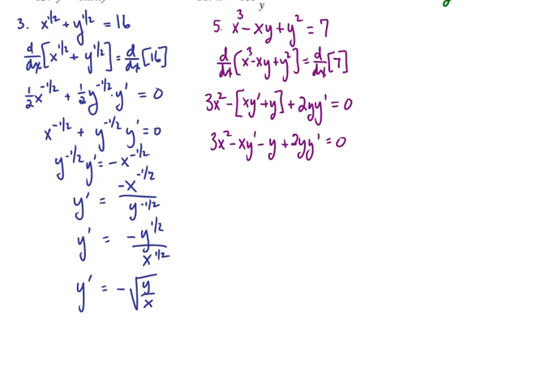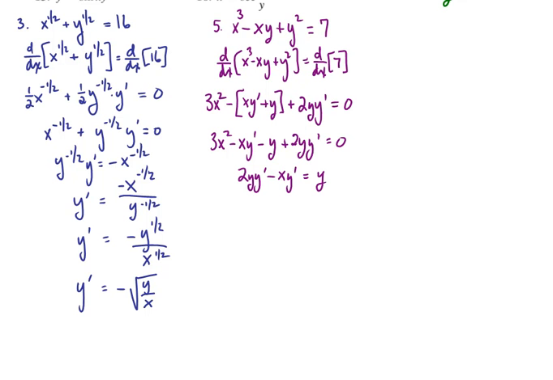Alright, so we did the calculus. We took the derivative of both sides with respect to x. We simplified. Next, we're going to collect all of the y prime terms on one side. So I'll write it with the positive. I have 2 of those terms, and I'll write it with the positive 2y y prime first, then minus xy prime. And moving the remaining terms to the right side, I'll begin with the negative terms on the left, so that'll be y.